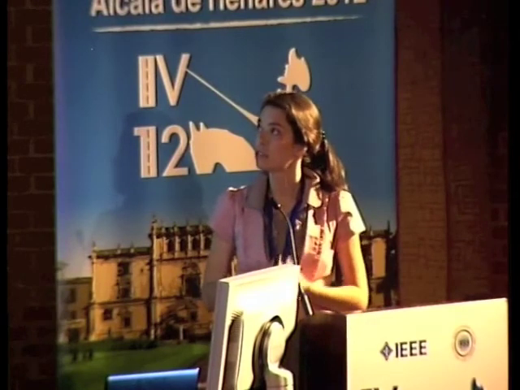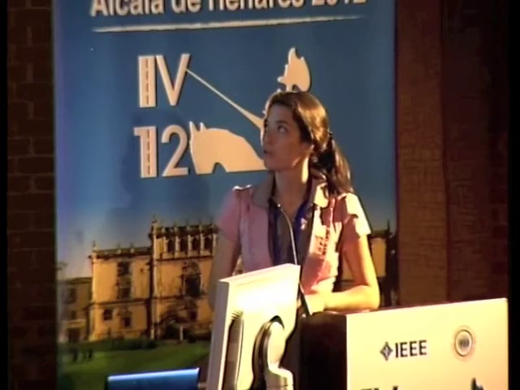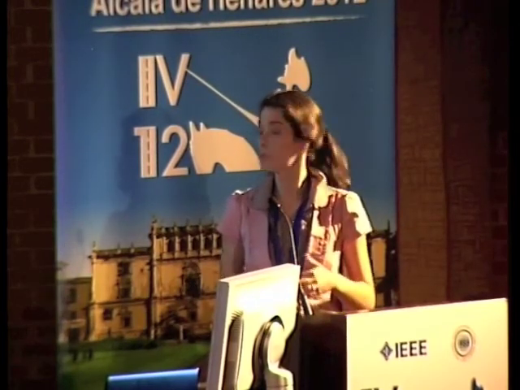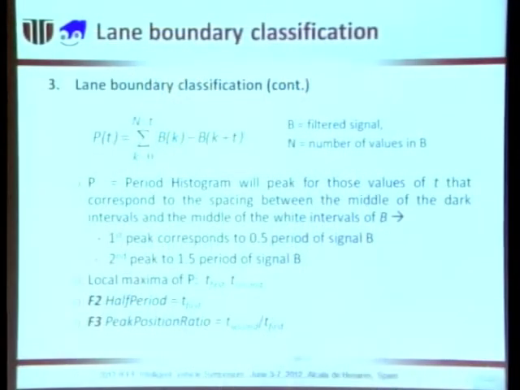So we define a period histogram in the equation at the top of the slide, in which for each candidate period t, we sum the absolute values of the signal's differences with a time shift of t. The period histogram obtained will peak for those values corresponding to the spacing between the middle of the dark and the middle of the white intervals.